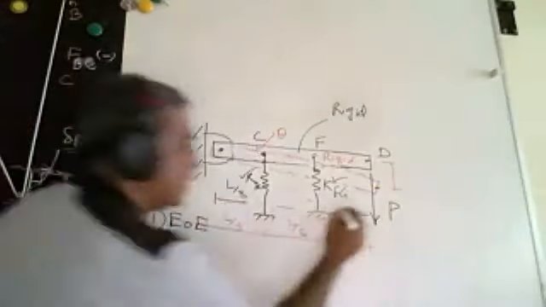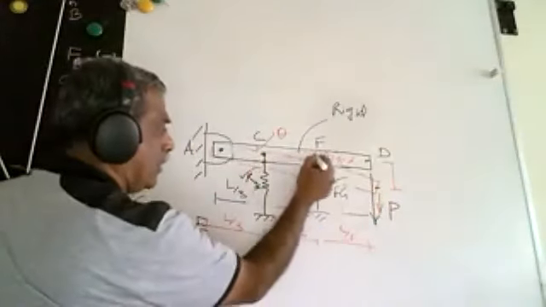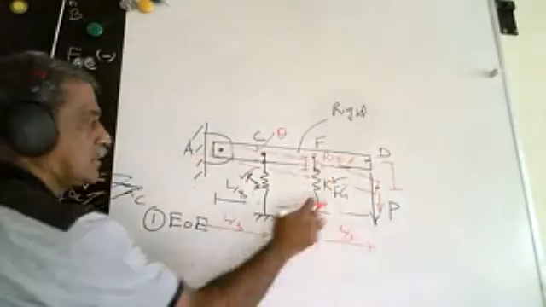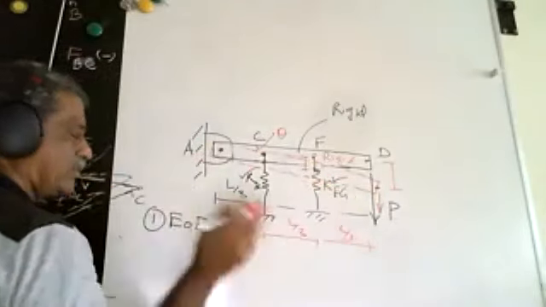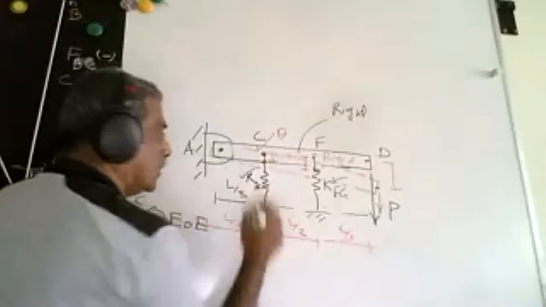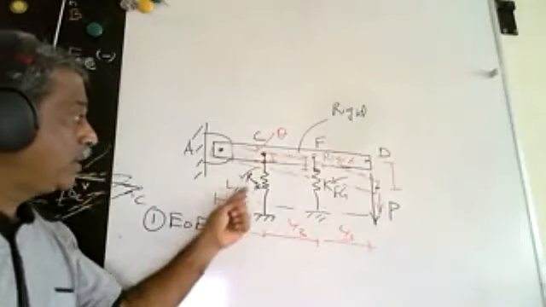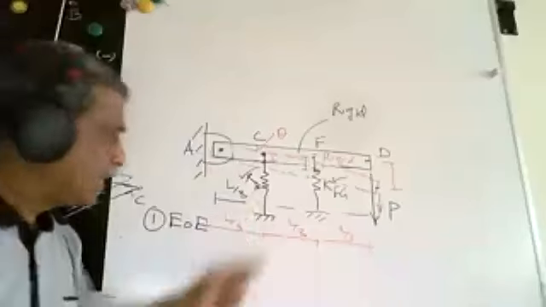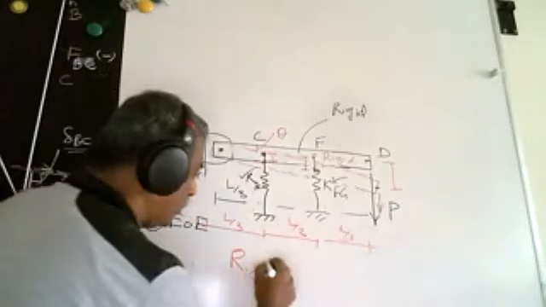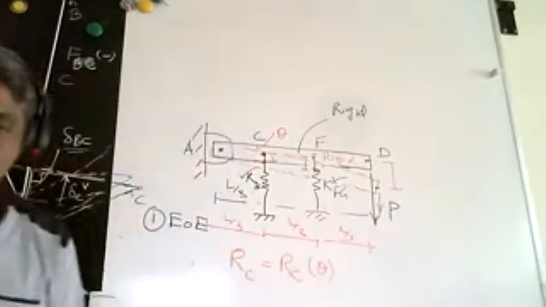Okay, here it remains as P. In this, having known the compression that KFG has gone through, and BC has gone through, having known KBC, it is possible for me to find out what would be the reaction. But that reaction, so the reaction force at C, will now be a reaction force in terms of theta. Are you with me?